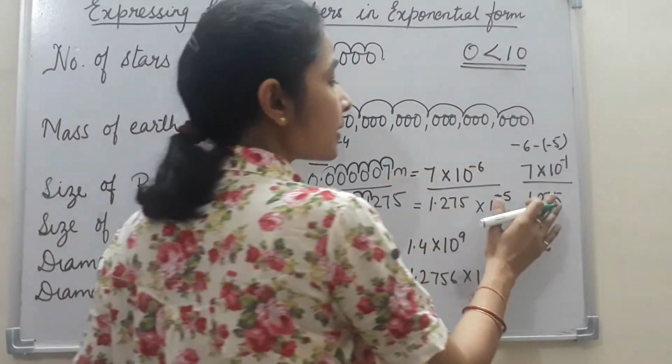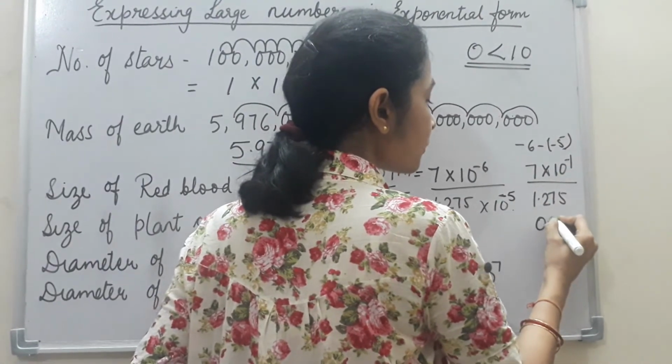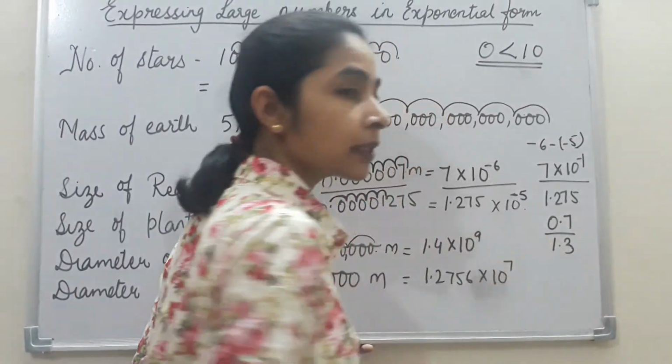Now it is so easy to compare that 7 into 10 raised to the power minus 1 gives me 0.7, and this is approximately 1.3, isn't it?